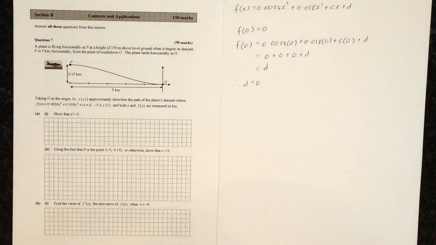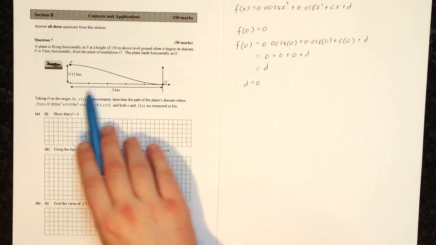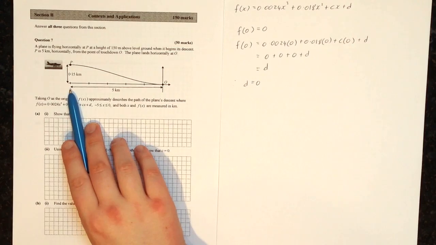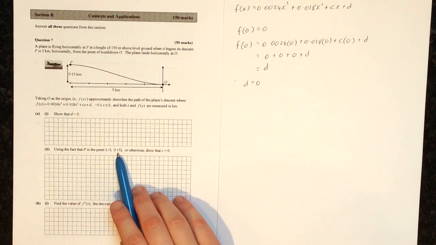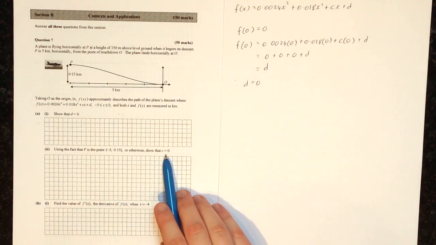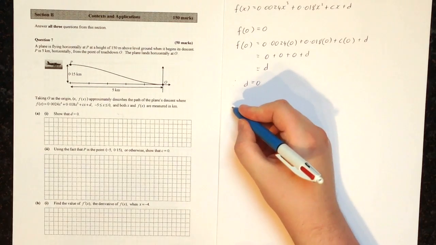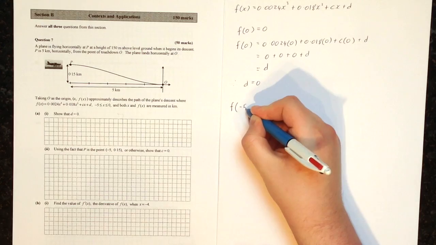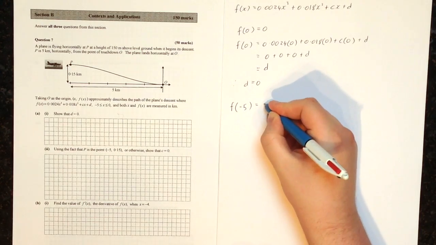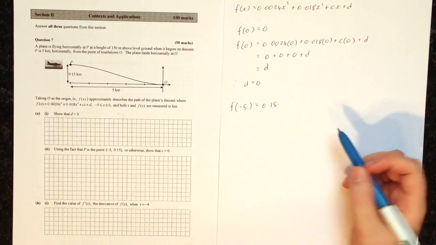Next, we're told that P is the point minus 5, 0.15. So the point P is 5 in the negative x direction and 0.15 in the positive y direction. Given that these are the coordinates of the point P, we're asked to show that c is equal to 0. So what that means is f of minus 5, the x-coordinate, must be equal to 0.15, because these are the coordinates of P, and P is on this curve.